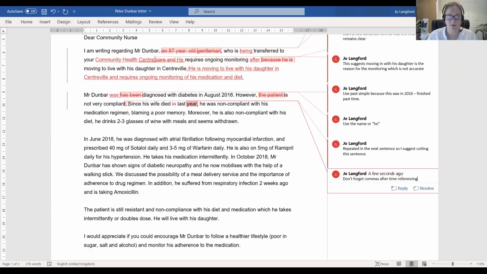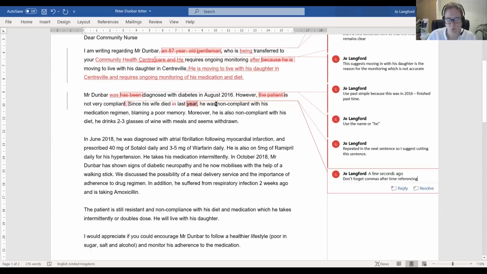So after however, comma, well, any of these what we call discourse markers, after since last year, comma, in June 2018, comma, on admission, comma.